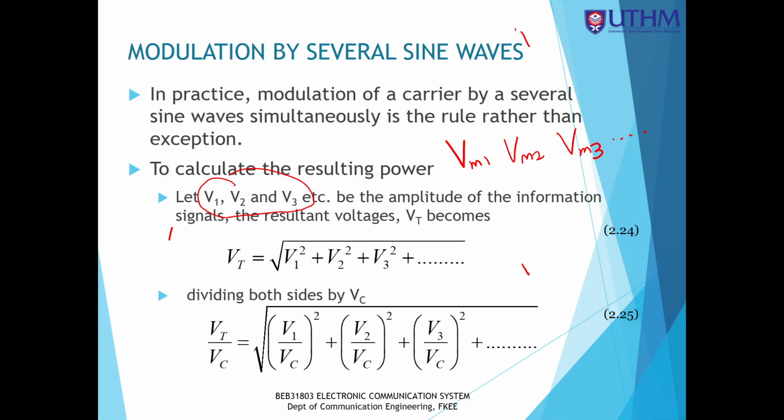This is for the single input message. So you cancel out the R, and you get IT over IC. If you have more than one input message, you need to change to M total squared. So I want to show you about this one.